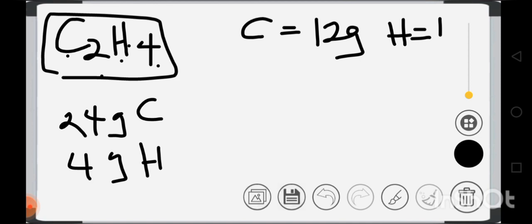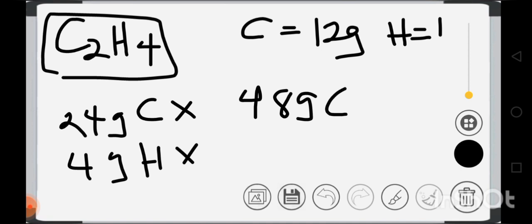So if I multiply this by 2, I'm going to have 48 grams of carbon and 8 grams of hydrogen. It is going to be in this ratio.